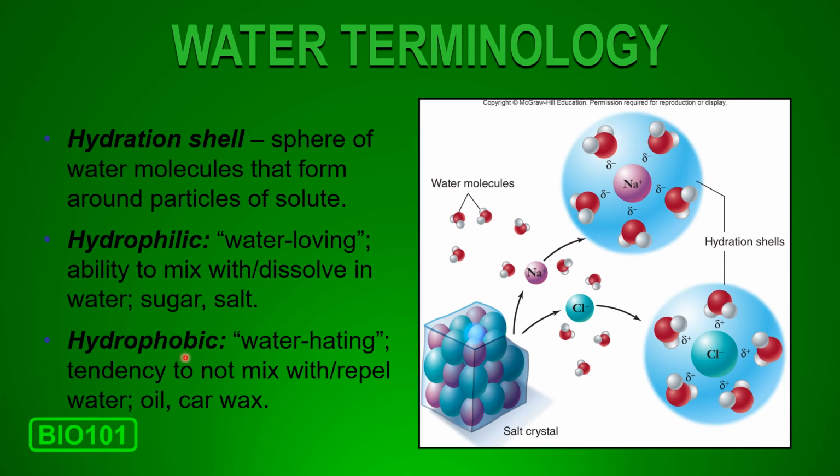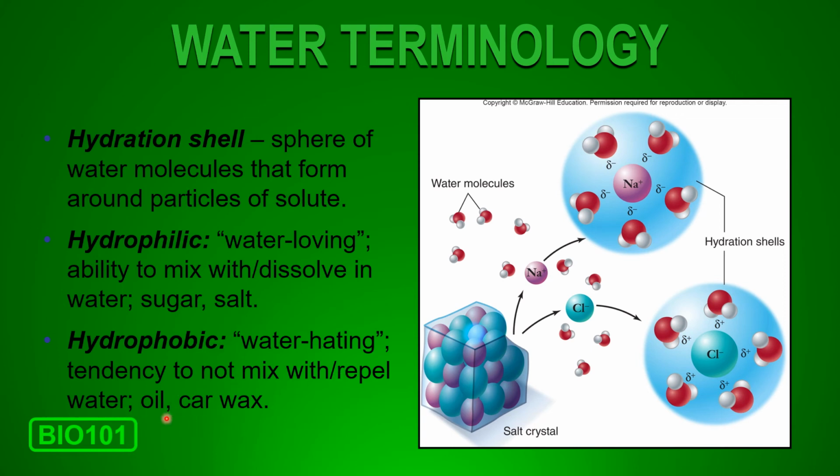It means when you're afraid of something, right? You have a fear of something. So hydro pertains to water. So hydrophobic means literally fearing water, or in this case, hating water, or the tendency for a molecule or an ion or a substance to not mix well with water, to repel water.